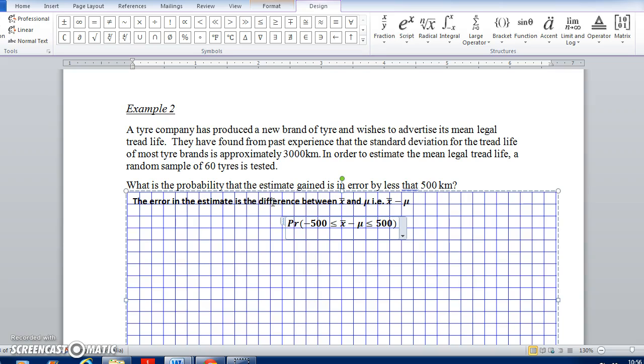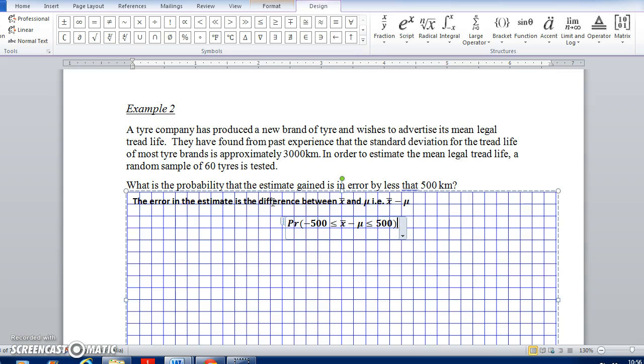And the reason for this is because the error could be, x bar could be less than mu by 500, or it could be greater than mu by 500. So we've got to consider both directions that x bar could go.